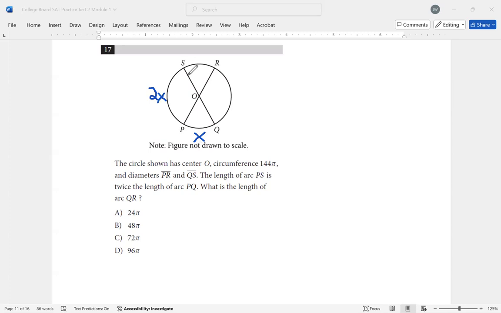We also know that these two lines are diameters of the circle. So this line goes through the center of the circle. This line goes through the center of the circle, which is O. Because of that, the length of PQ and the length of SR are the same. So this opposite length, which is SR, is also going to be x. And the length of QR is also going to be 2x.